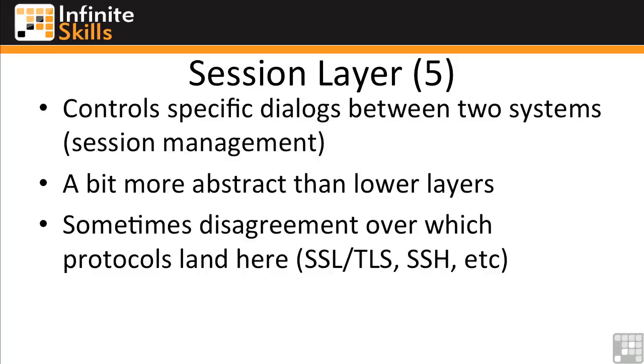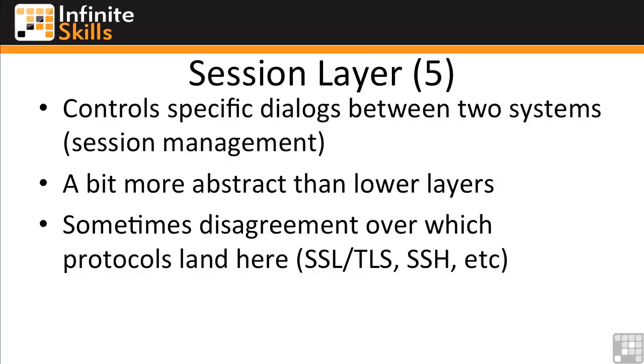Now we have a session layer on top of that. That's layer 5. That controls specific dialogues between two systems. So layer 5, not surprisingly, does session management. This one's a little bit more abstract than lower layers, and sometimes there's disagreement over which protocols actually land here in session 5, because sometimes there's actually overlap between functionality.